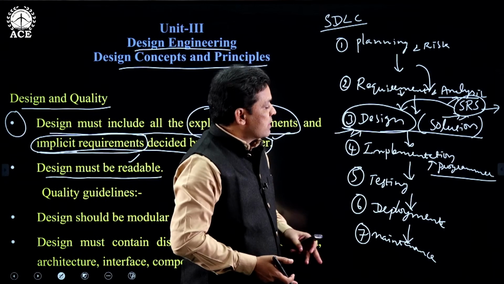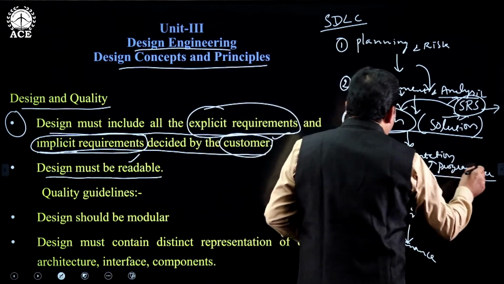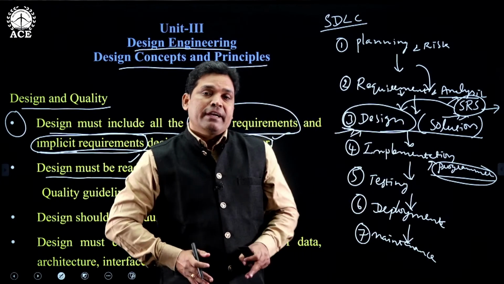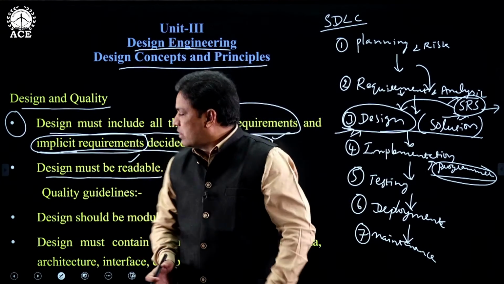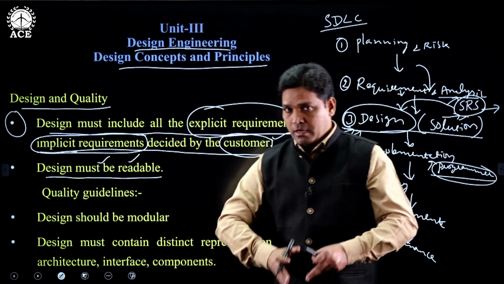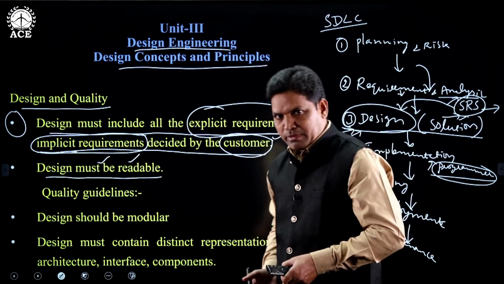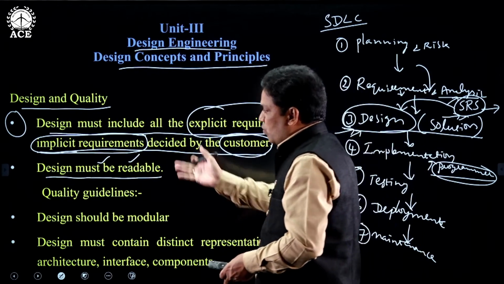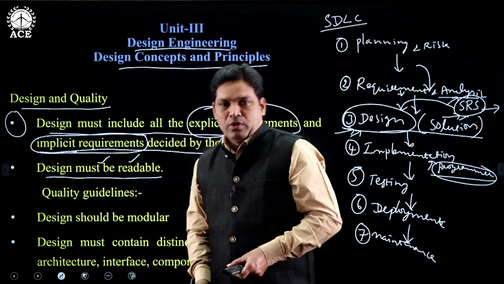The design model is supposed to be understandable by these programmers or developers. Then only can they generate proper source code. So design must be properly readable by other stakeholders, might be programmers, might be other designers, or other stakeholders.